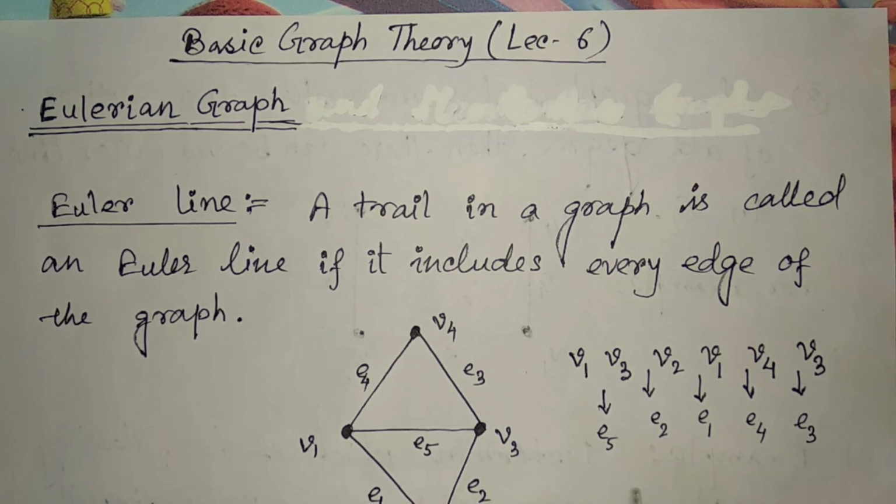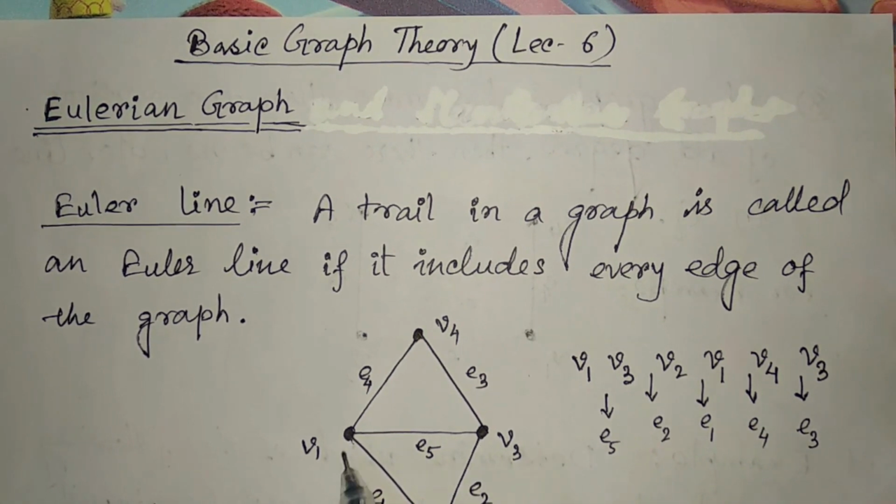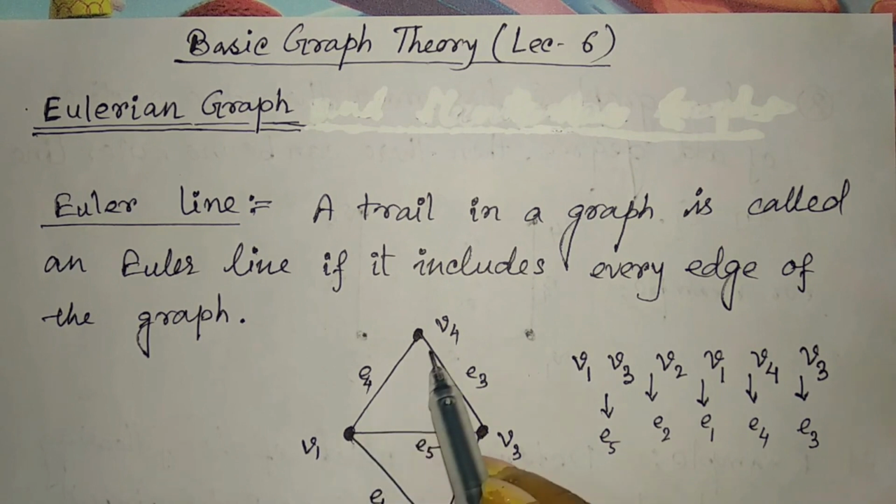For example, if we consider V1, V3, V2, V1, V4, V3, then V1 to V3 includes E5, V3 to V2 includes E2, V2 to V1 includes E1, V1 to V4 includes E4, V4 to V3 includes E3.